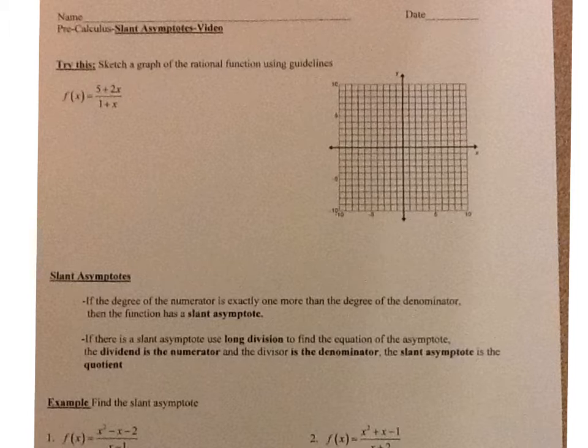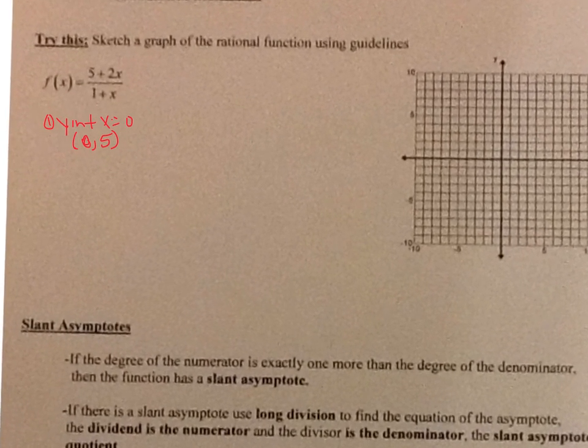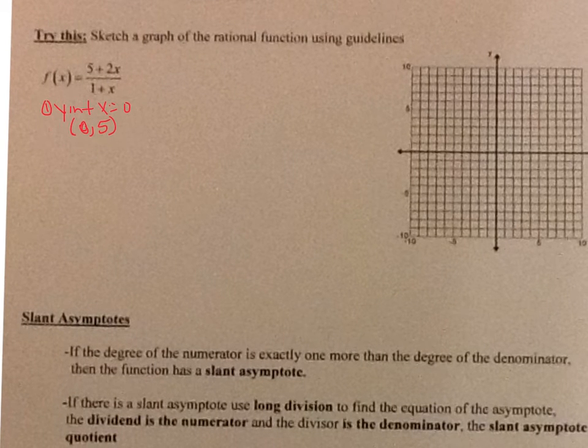Okay, so the first thing I want to do is find the y-intercept. So remember that's when x is equal to 0. So that would be (0, 5). Next we want to find the x-intercept.